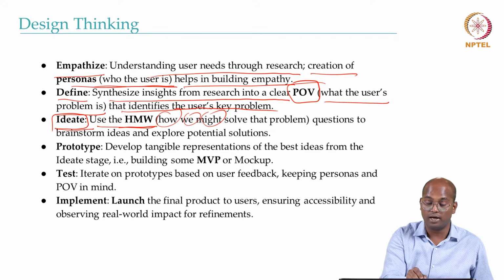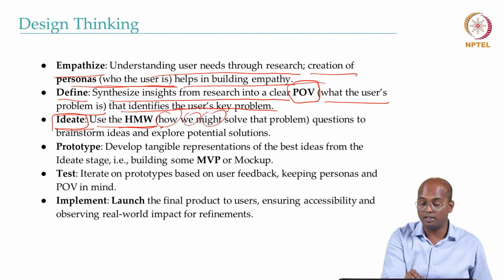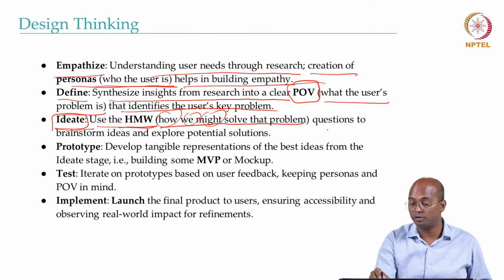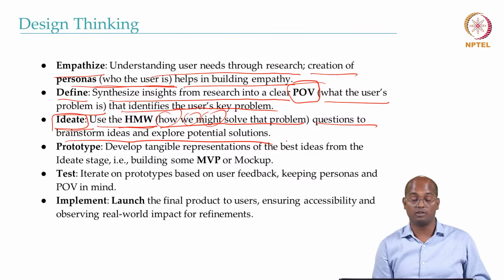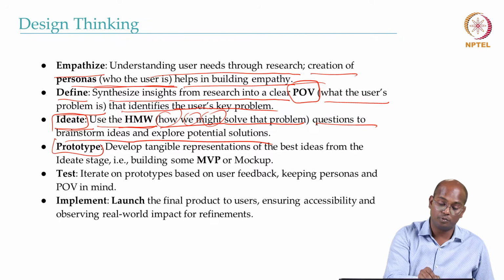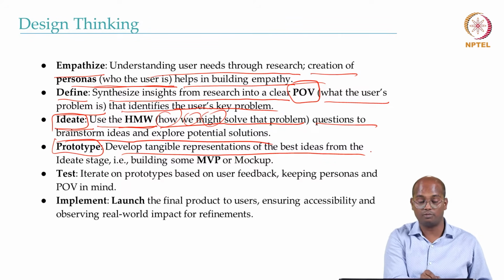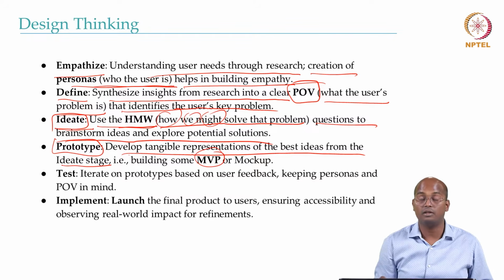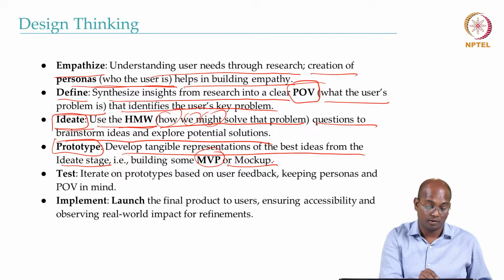So the next stage is ideate. Here we use HMW, how might we. So here it is primarily about how might we solve the problem questions to brainstorm ideas and explore potential solutions. So the next stage is prototype. Develop tangible representation of the best ideas from the ideate stage and build some kind of MVP, minimal viable product, or mockup.